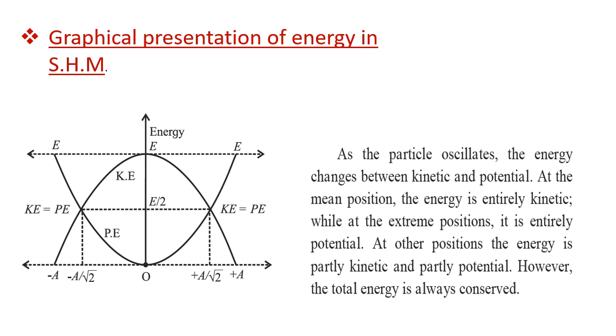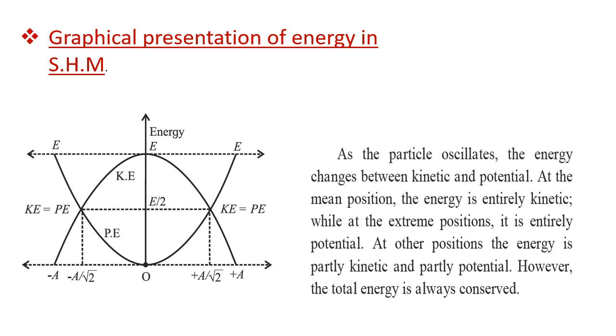And when you talk about the extreme position, the velocity of the particle momentarily comes out to be 0, and the displacement x is equal to the amplitude, that is, the value of x will be plus minus a. In that case, the energy possessed by the particle will be only potential energy, there will be no kinetic energy.